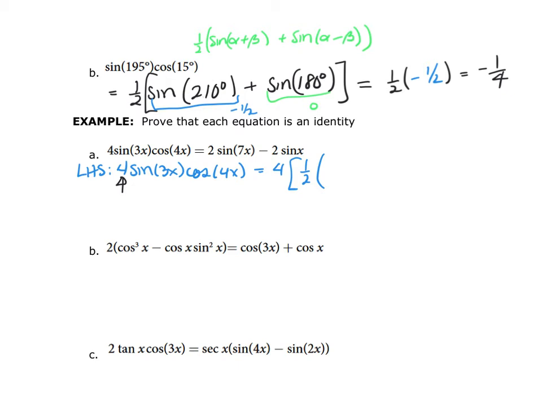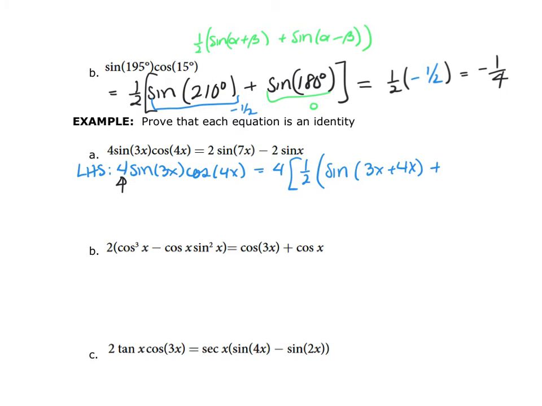And then I'm going to use the product to sum formula, so it's sine cosine. So it's going to be the sine of my two angles, which is 3x plus 4x, minus, or excuse me, plus the, let me see, I have cosine and then cosine.